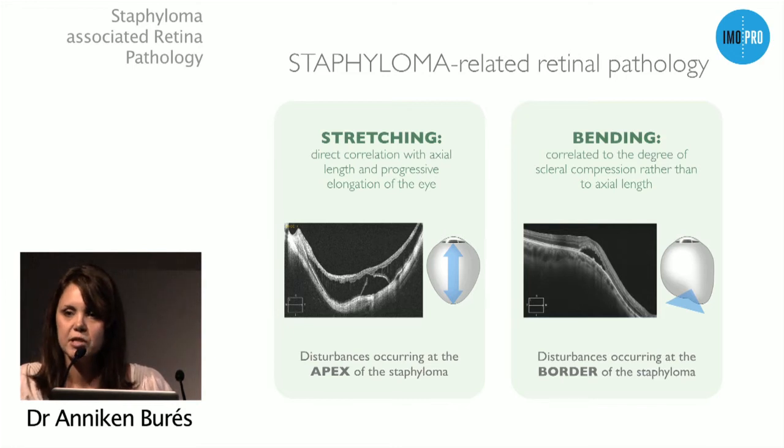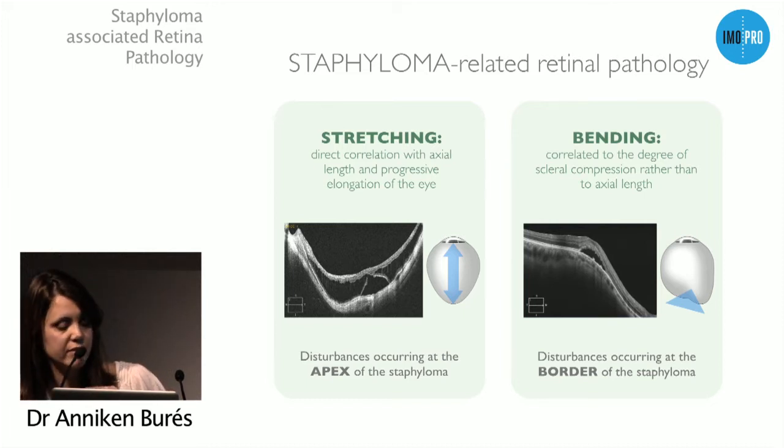The retina can stretch to a certain point, but when it reaches a limit, complications will occur, as in this case. Then we have a quite different situation in this other case. When we look at the border of the staphyloma, the retina and choroid tend to become bent, as you see here. And this is the reason why some other types of complications can occur at the border of the staphyloma.